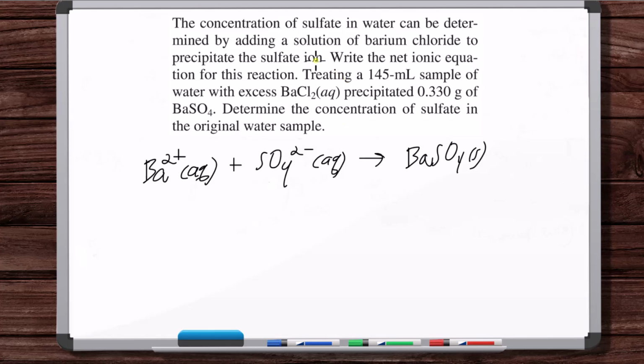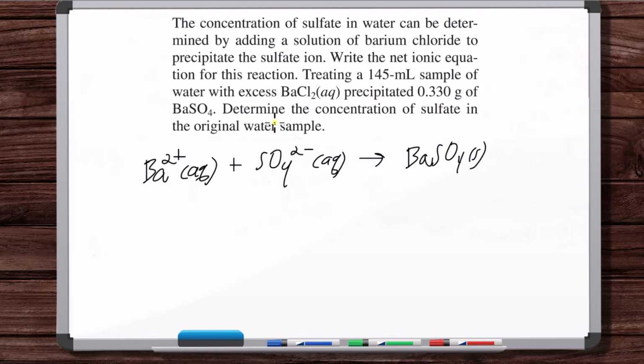Now to determine the concentration of sulfate in some aqueous solution, they had a 145 milliliter sample of water with excess dissolved barium chloride added to the sulfate solution, and what resulted was 0.33 grams of barium sulfate precipitated out.